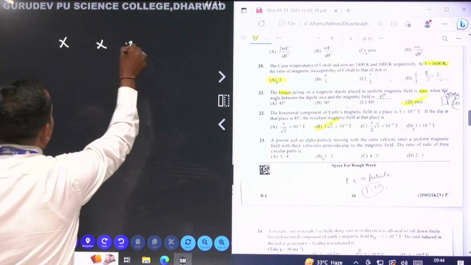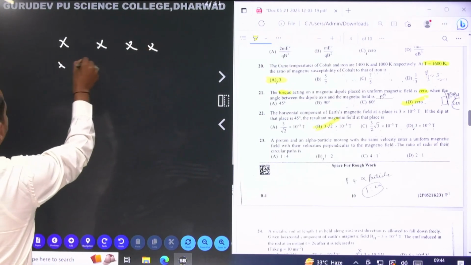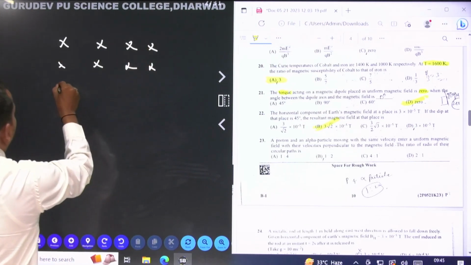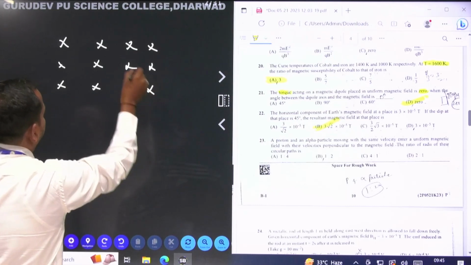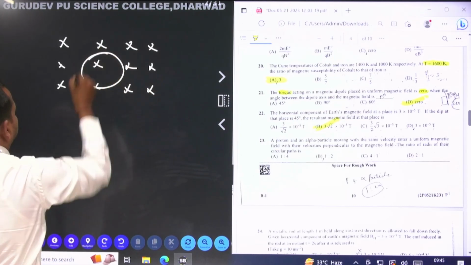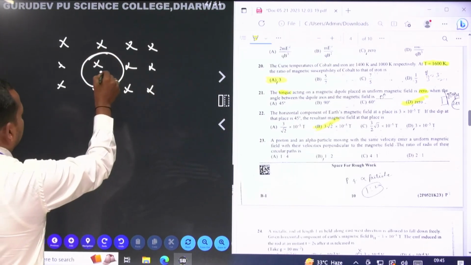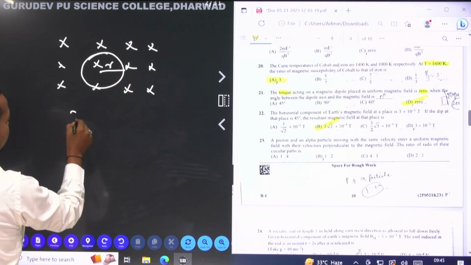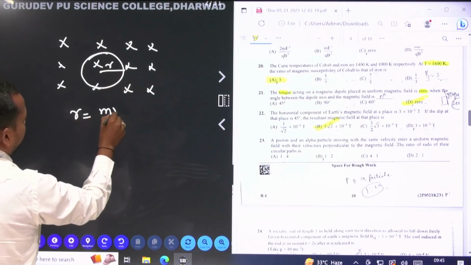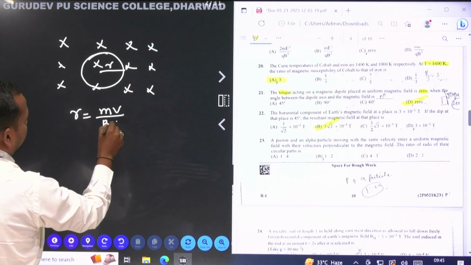This is the uniform magnetic field. If you place a charged particle, it moves in a circular path of radius r, and that radius is given by mv by B into charge q.